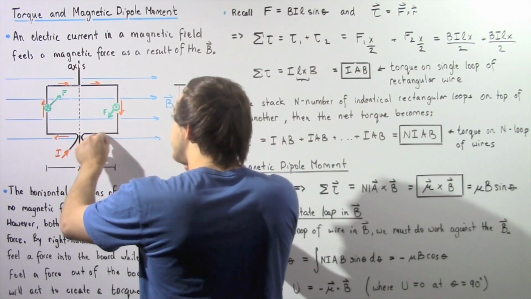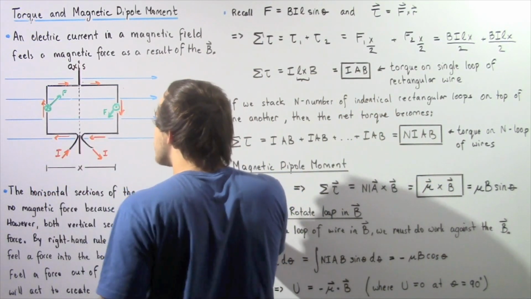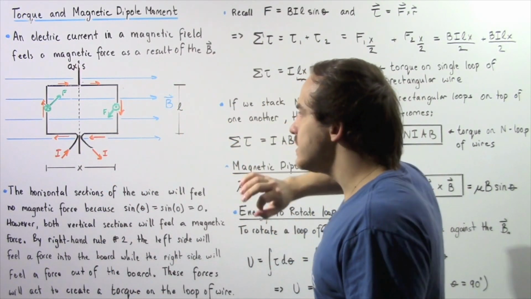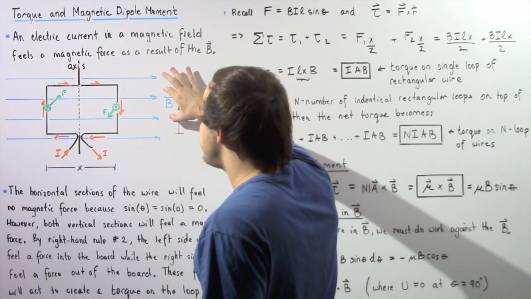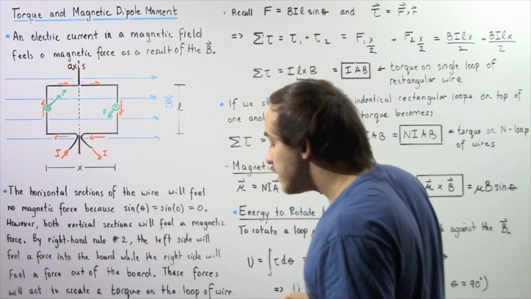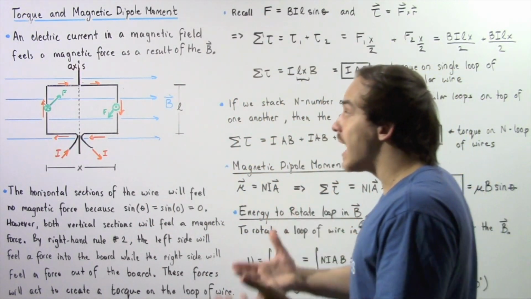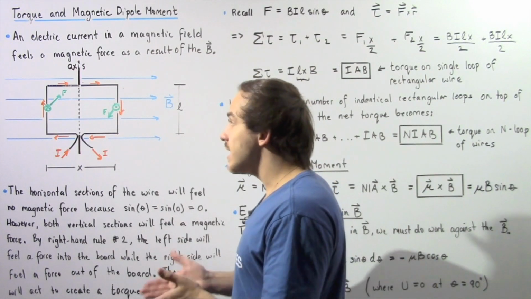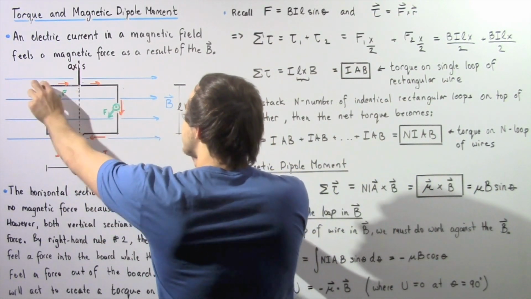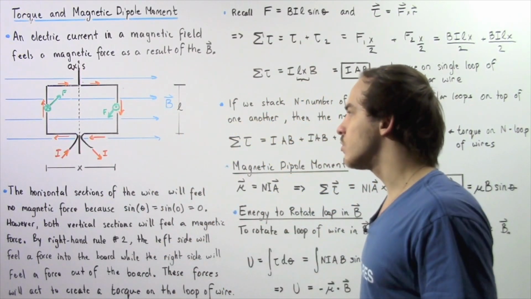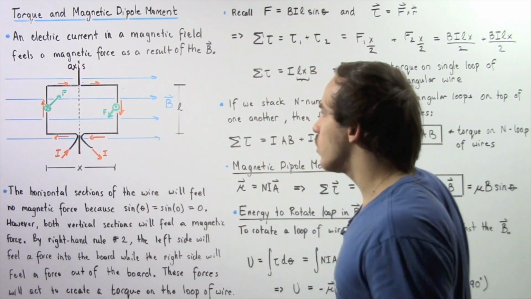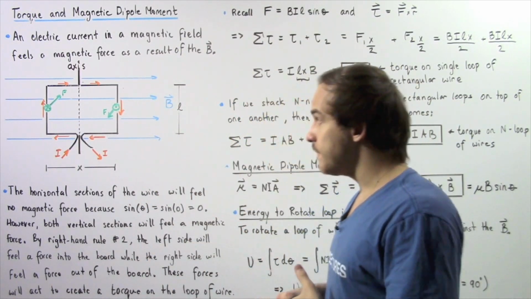These horizontal sections lie parallel with respect to the magnetic field. That means the angle between the magnetic field B and these sections of the wire will be 0. Because the force depends on the sine of the angle and sine of 0 is 0, the magnetic force on these two horizontal sections will be 0. So these horizontal sections of wire feel no magnetic force as a result of this magnetic field.